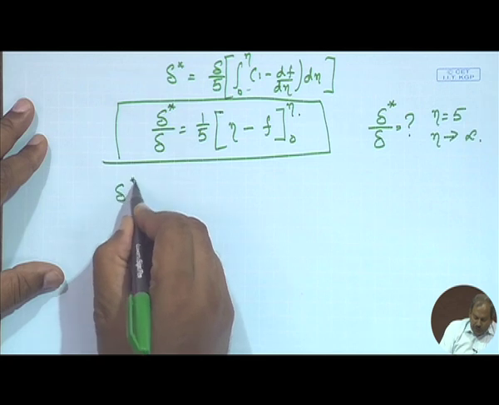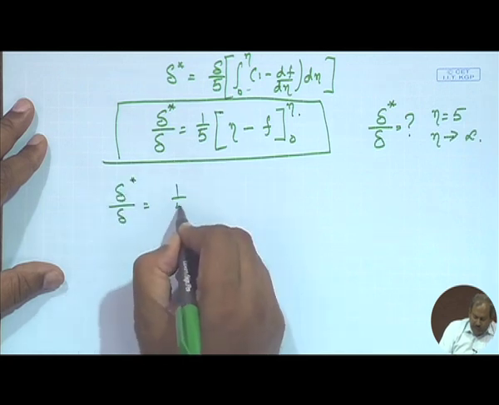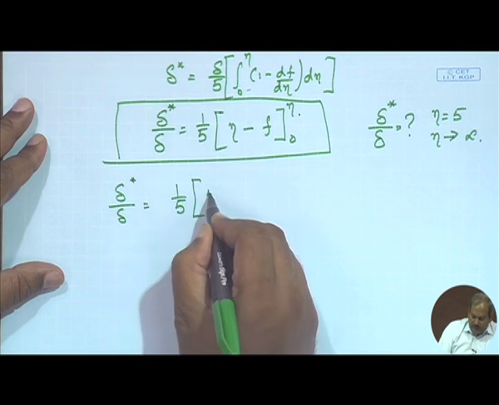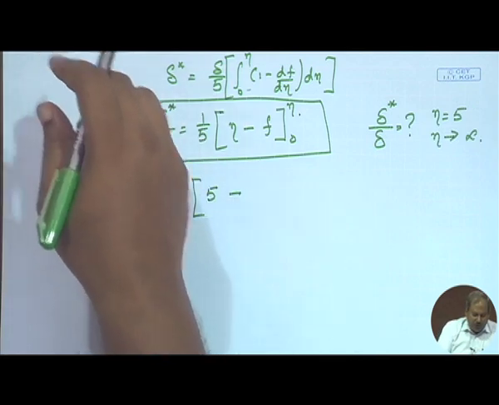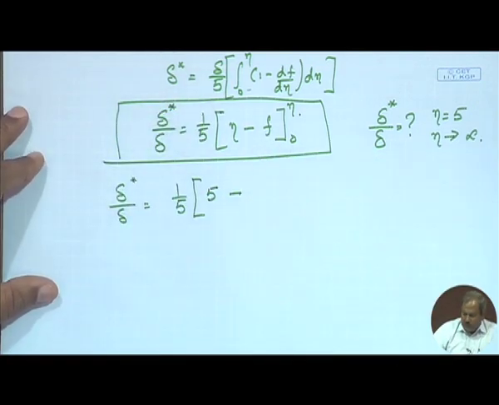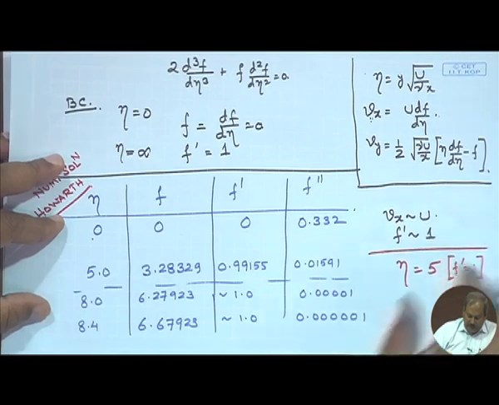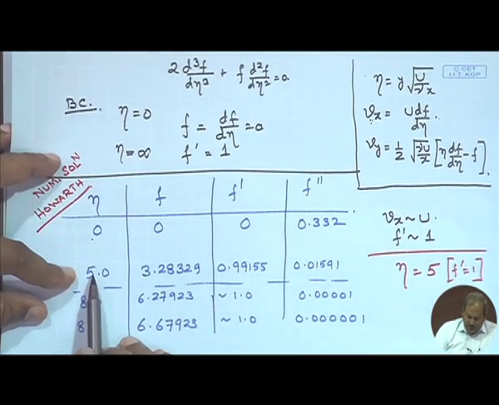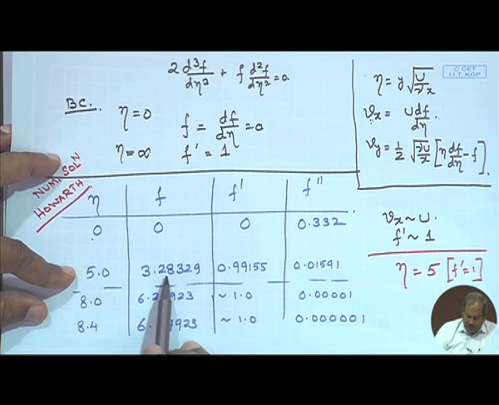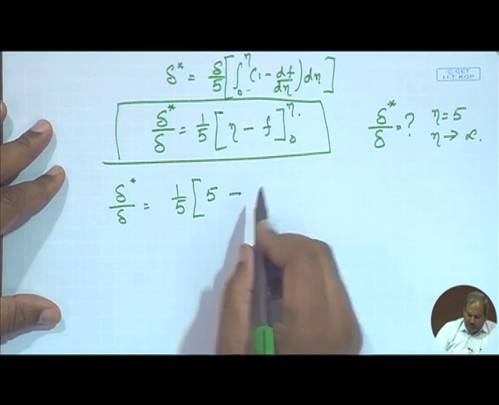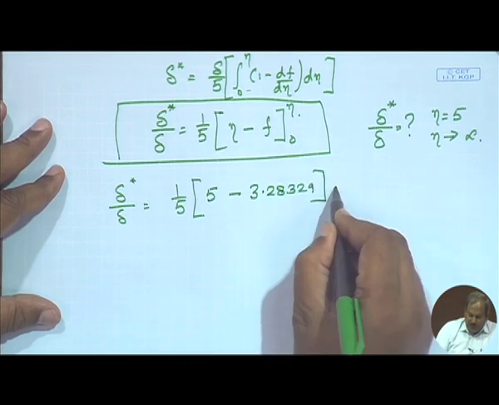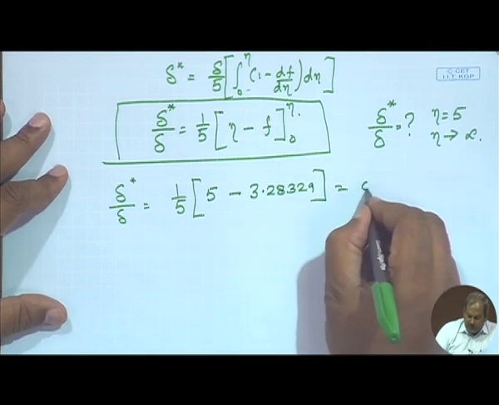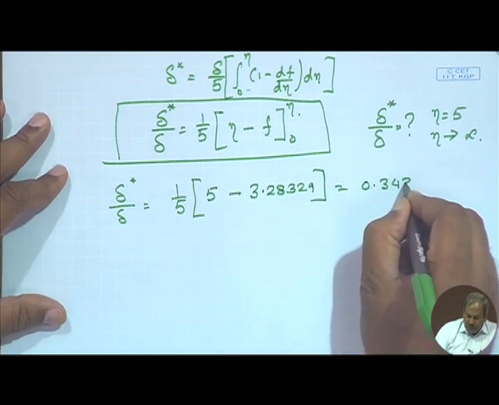So delta star by delta would simply be 1 by 5, and the value of eta is simply going to be 5, and the corresponding value of f is to be provided, and again I go back to this table. For a value of eta equals 5, the value of f is 3.28329. So this is going to be 5 minus 3.28329. I calculate this and it is going to be equal to 0.34334.